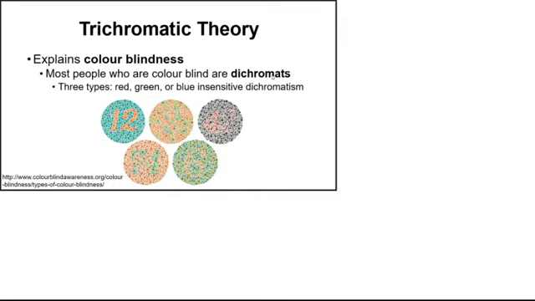From that same route before, where we had our trichromatic theory looking at three different color-sensitive cones, dichromats logically then only have two color-sensitive cones. So they are missing either their red sensitive cones, their blue sensitive cones, or their green sensitive cones. And depending on which one they're missing, they might have trouble differentiating between different kinds of colors.